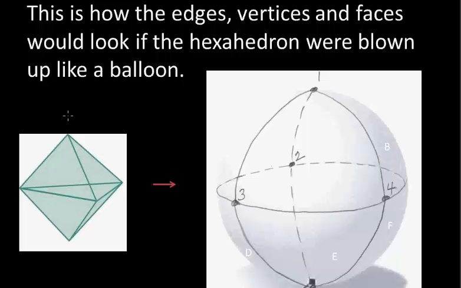But let's do a little more here. Let me label these vertices. This would be 1, 2, 3, 4, and 5, and they correspond over here, 1, 2, 3, 4, and 5. And let's get these edges corresponding. The faces.